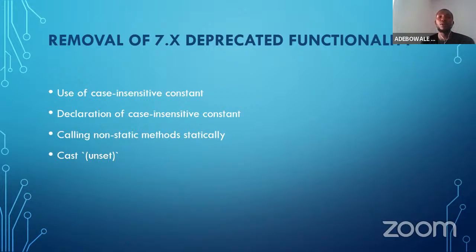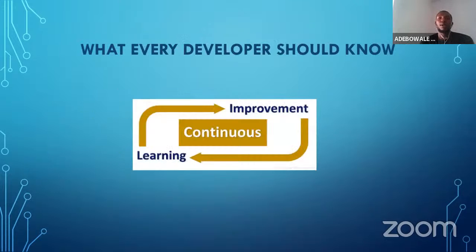But there are things you can't ignore anymore, because they have actually been removed. So there's no more support for those functionalities. This is another reason why you have to upgrade your use of PHP to PHP 8 now.